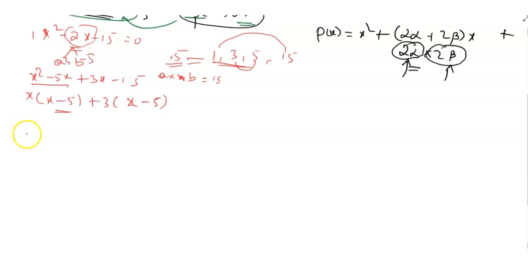Let's take x minus 5 as common, and here I will get x plus 3. Now let's equate this: x minus 5 is equal to 0 and x plus 3 is equal to 0.